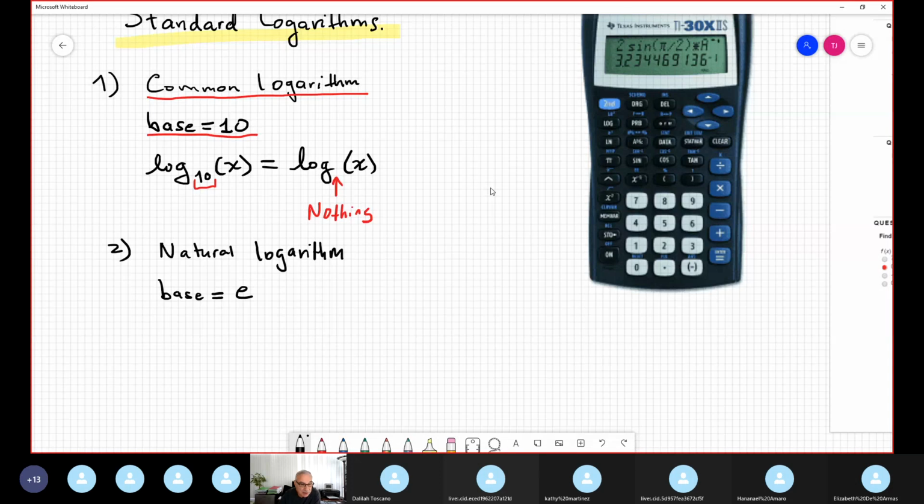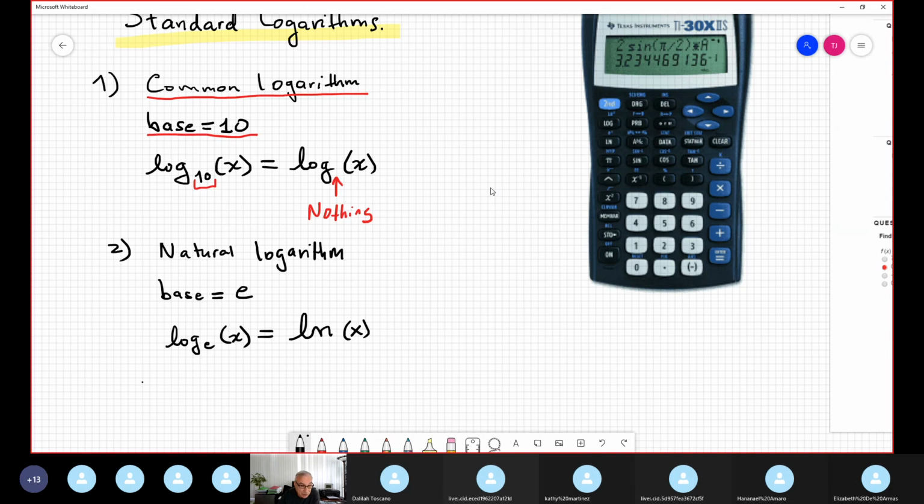And the notation is approximately equivalent. Suppose you have logarithm base E of any number. Then normally you write it like that, LN of x. By default, this notation LN is equivalent to saying logarithm base E.